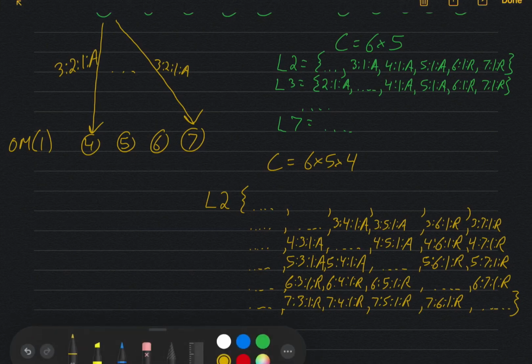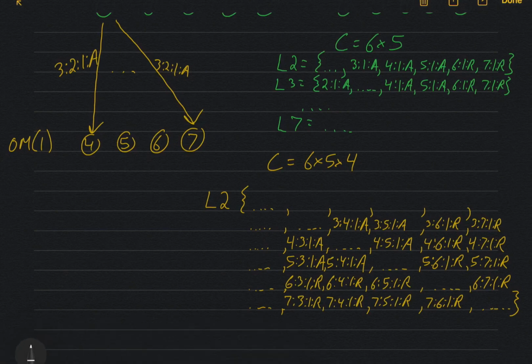So in the last level of recursion, Lieutenant 4 is going to just repeat to itself or use the value that it heard from its commander. It's using the value 3, 2, 1, attack. Now I don't want to draw out Lieutenant 3's table, that would be painful, so we'll just fill in what values would be inserted into Lieutenant 2's table here.